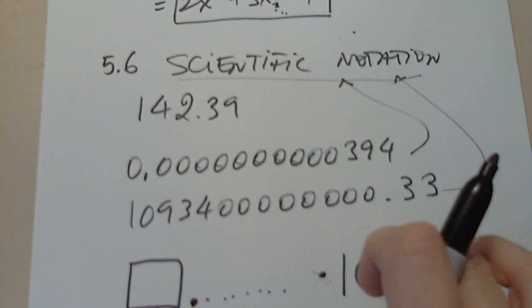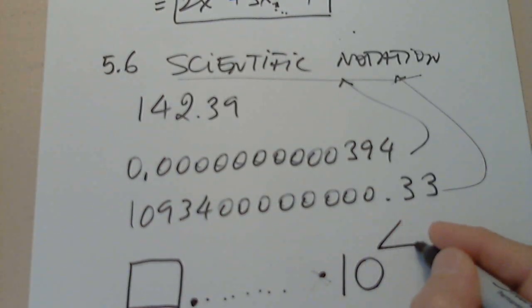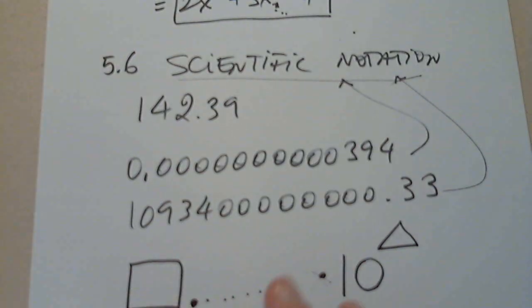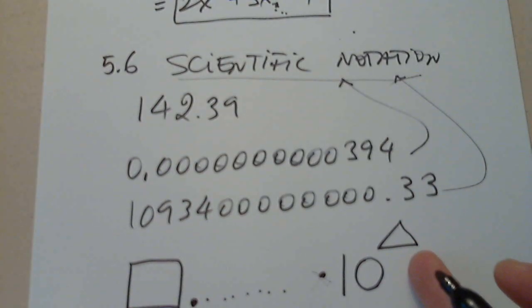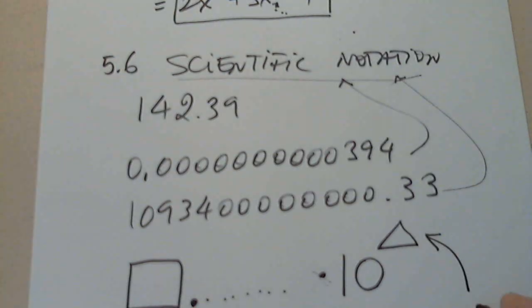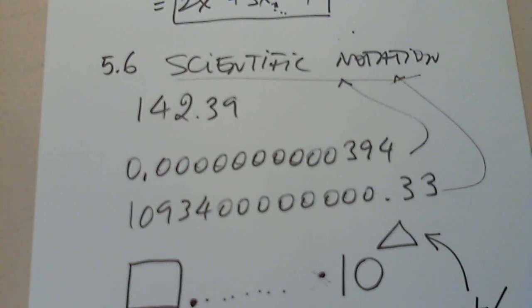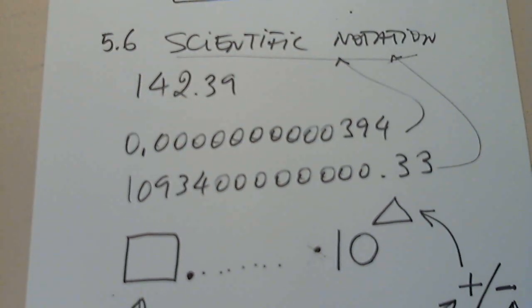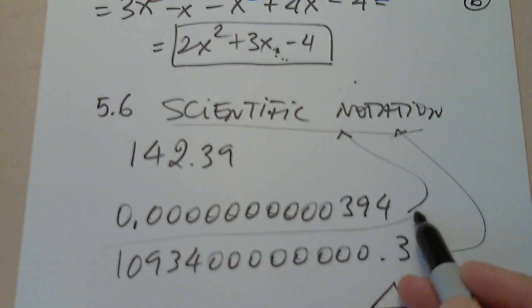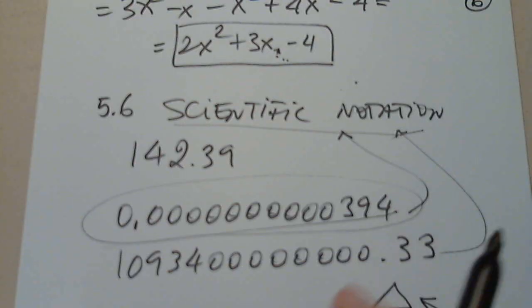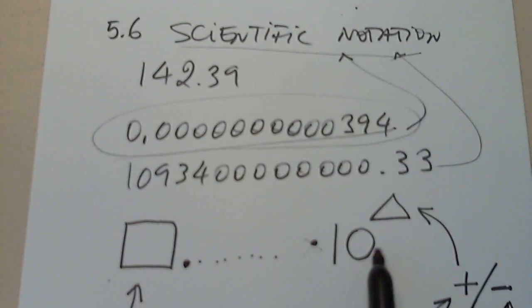But now there must be a power here. So this is a digit 1 through 9, and this can be anything. But this number can be positive or negative. When will it be positive? It will be positive for large numbers, and it will be negative for small numbers. When we represent a tiny number, it will be some digits times 10 to a negative power.